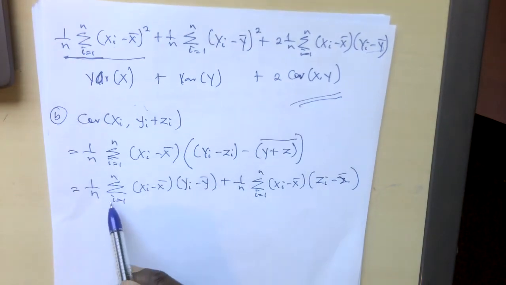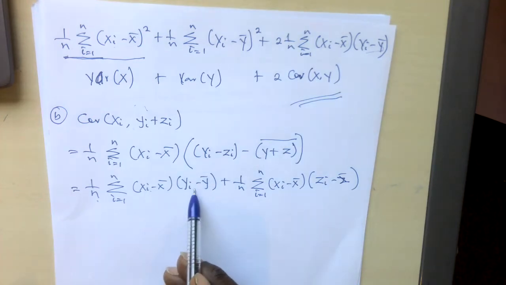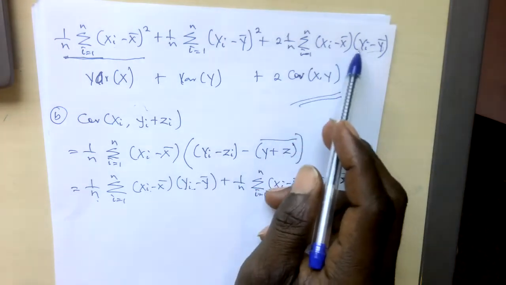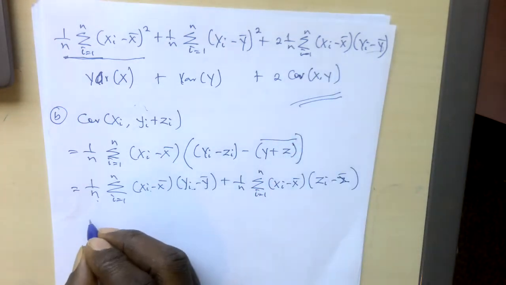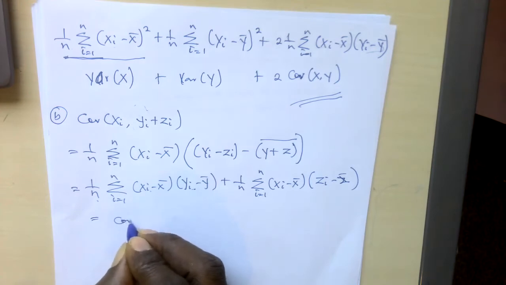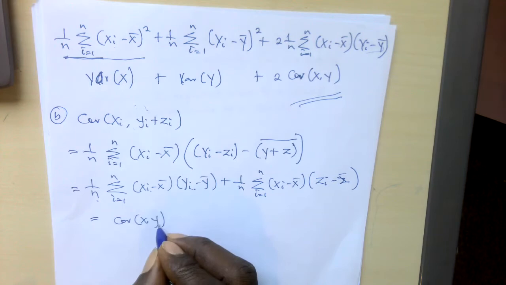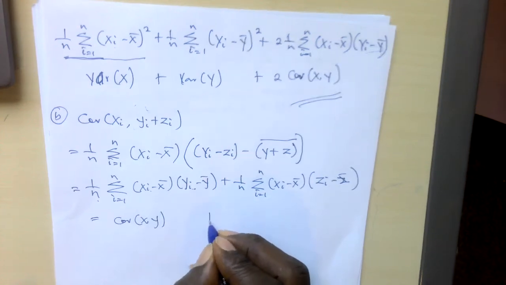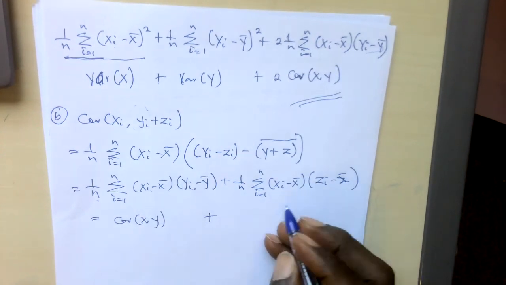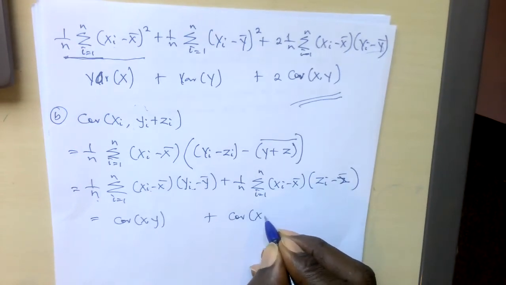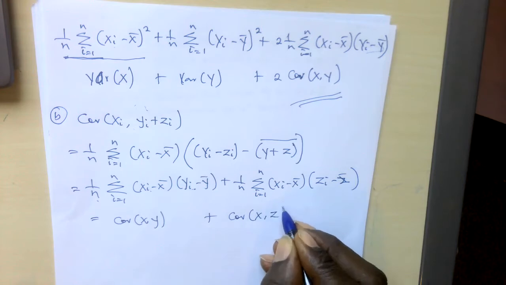Now you see that this is exactly the covariance of x and y, and this is the covariance of x and z.